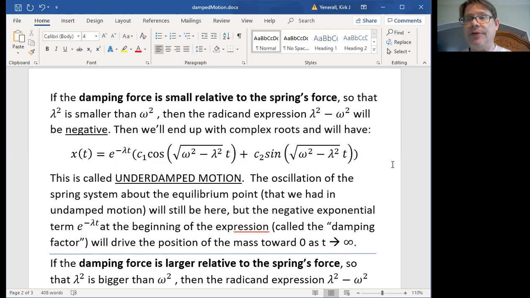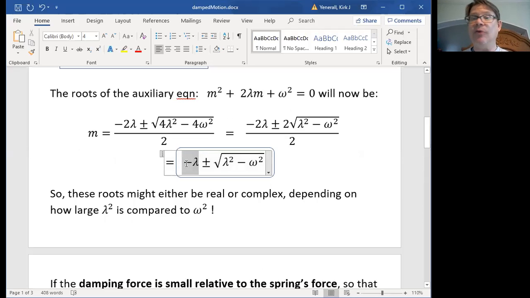And we know from our theory in chapter 4 what that means for the form of our solution. It means that our solution won't just be exponentials. The solutions will be exponentials times sines and cosines. What do we have? Well, let's go back and look again. Remember that our roots were of the form negative lambda. That would be the real part here in this scenario.